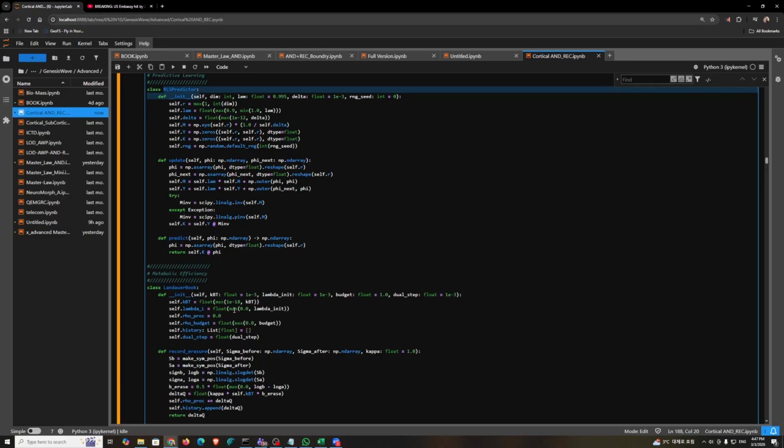brains are incredibly energy efficient. Our neuromorphic engine incorporates this principle through the Landauer book class, which is tracking a metabolic cost of processing any information. And this is inspired by Landauer's principle. It's a fundamental concept in physics.